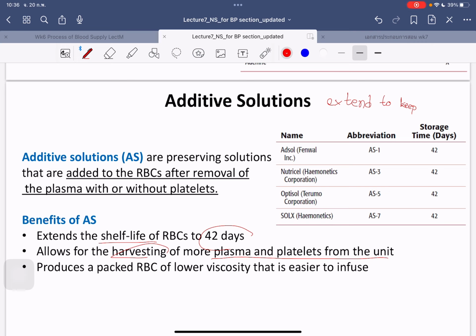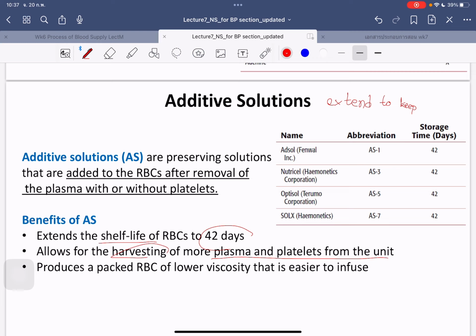Can you follow me? Which molecules can affect the patient of blood group A? Antibody. Yes, antibody. Antibody from platelets of blood group O can cause red blood cell lysis in a patient of blood group A. So if you replace plasma with the additive solution, it can reduce the risk of hemolysis.